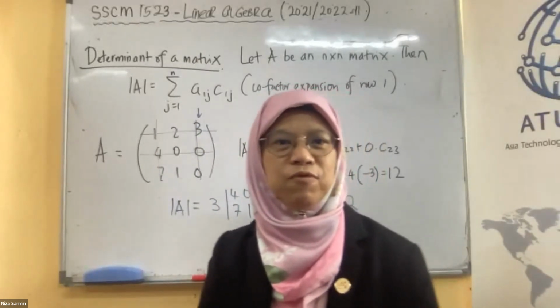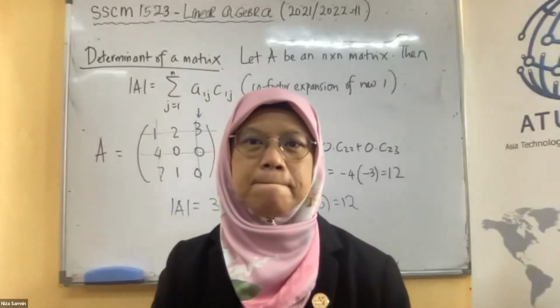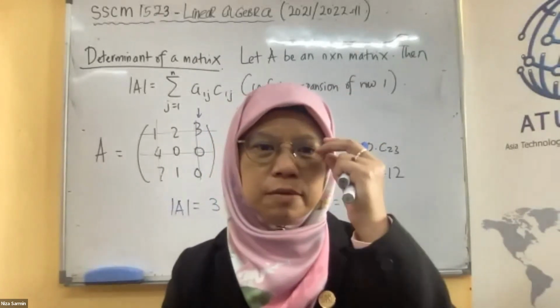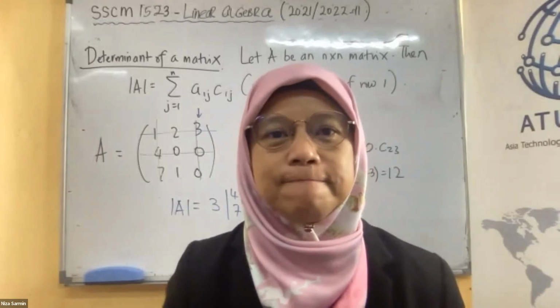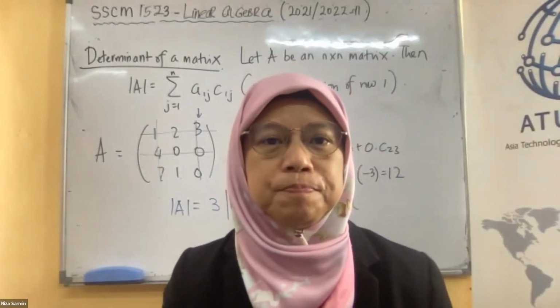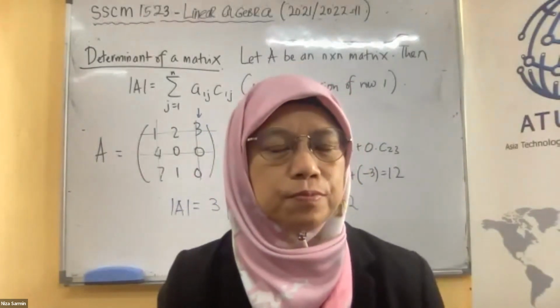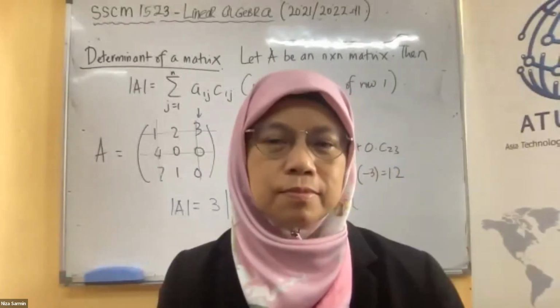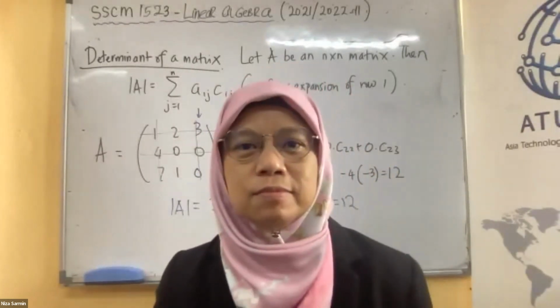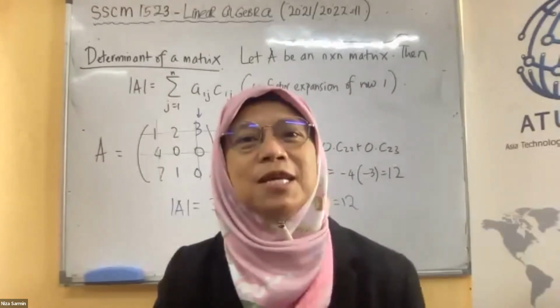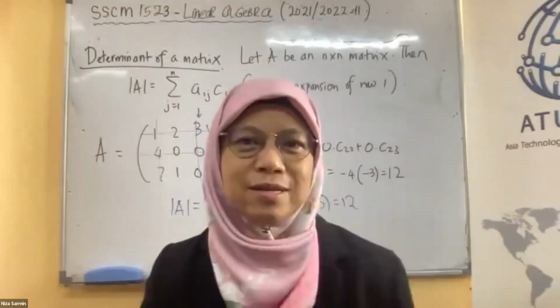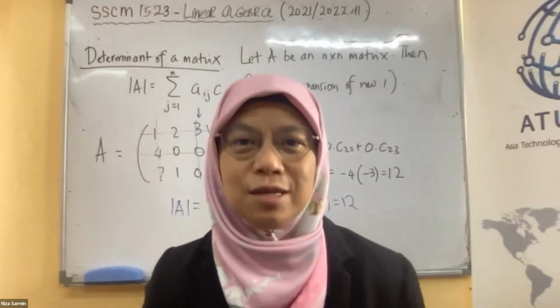Okay, any question before we break? Okay, Rauda, what's the question? Prof, so it means even if we do any of those 6 ways, we will still get 12 as the answer? Yes. Okay, determinant is unique, a very good question. Determinant is unique.